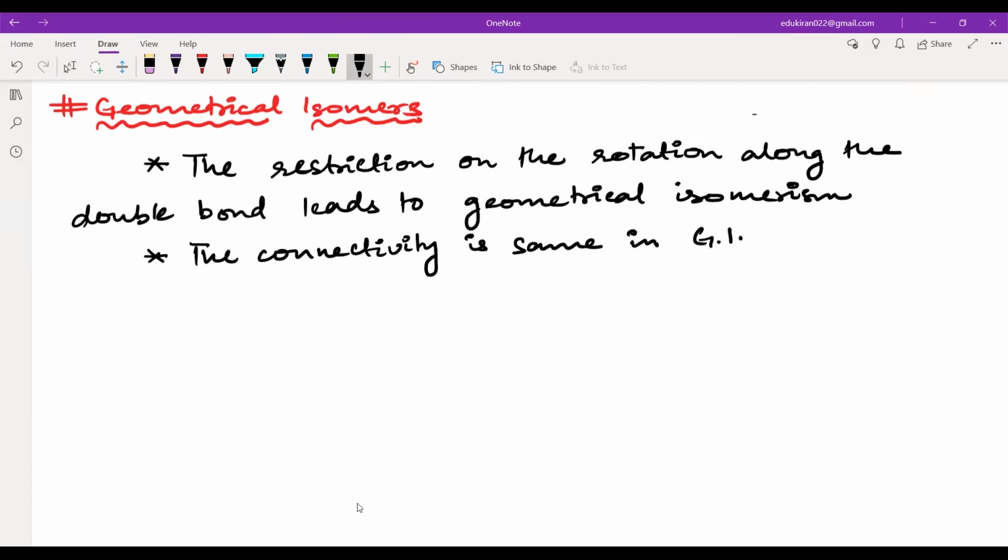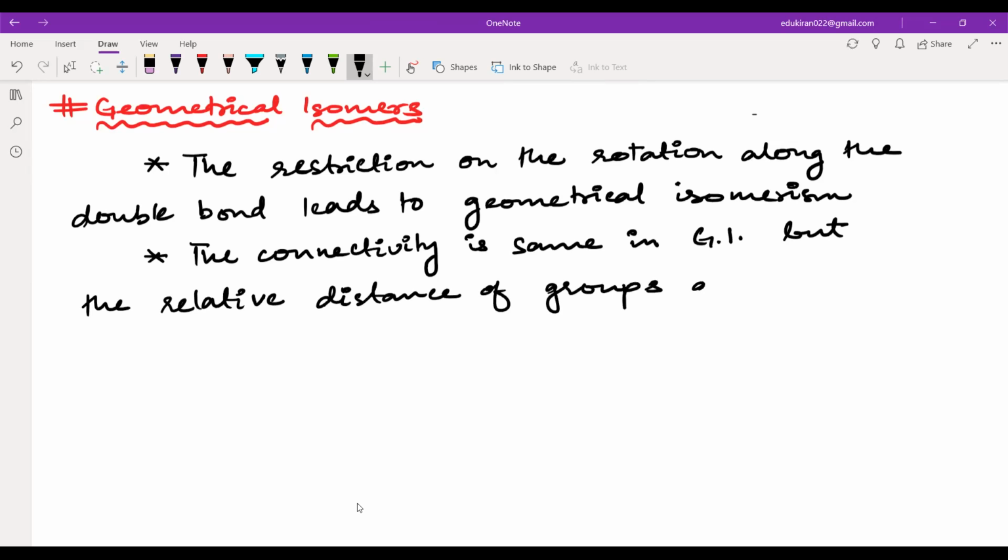The connectivity is same in GI, but the relative distance of groups attached is different.